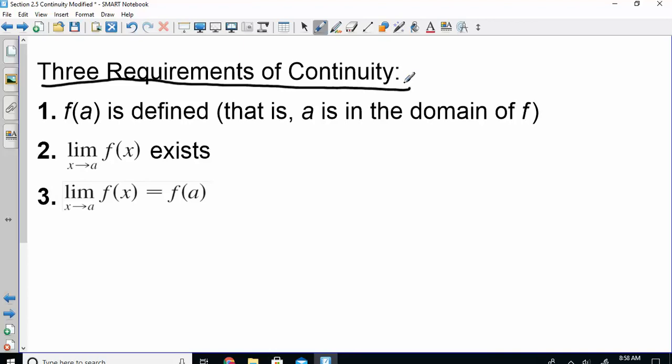So you have to be able to plug that number into the function. If it's a fraction, and it gives you 0 on the bottom, that's not continuous. The limit has to exist, and those things have to be equal. The limit has to equal the same thing as when you just plug it in.